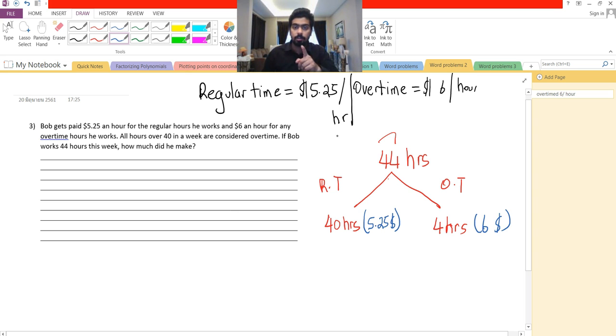So we know regular time, 1 hour, he makes $5.25. How much will he make in 40 hours? So we take 5.25 and multiply it by 40. Right guys? Because he worked regular time 40 hours and he gets paid $5.25 per hour that he works regular time.